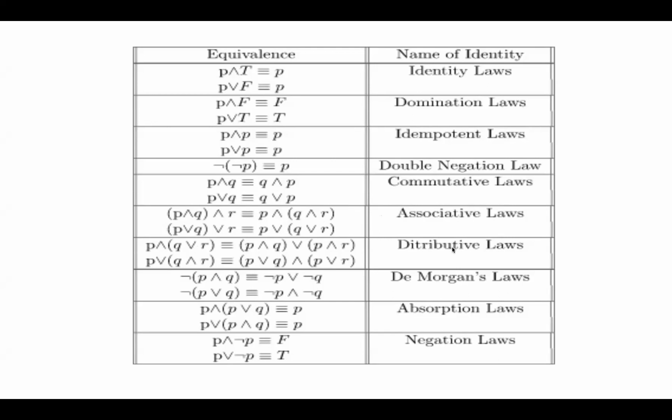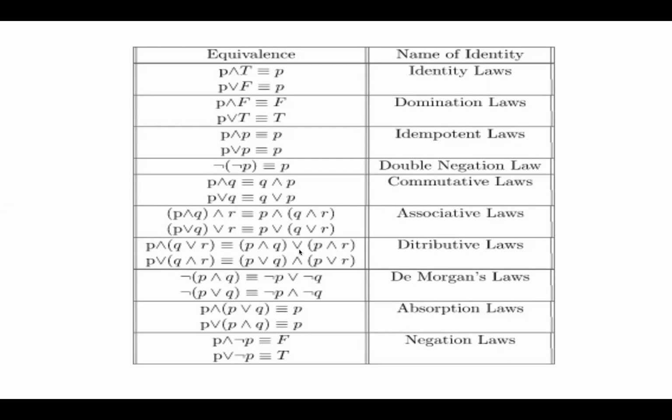Then distributive law. What is there in distributive law? Here, like this, P AND (Q OR R) is equivalent to (P AND Q) OR (P AND R).